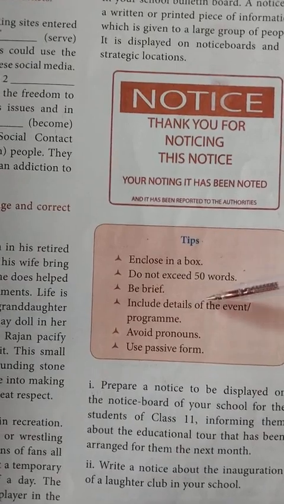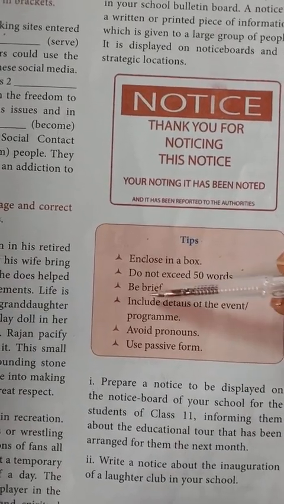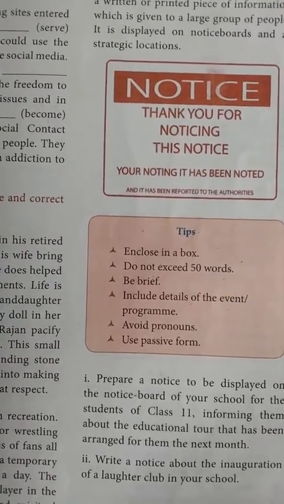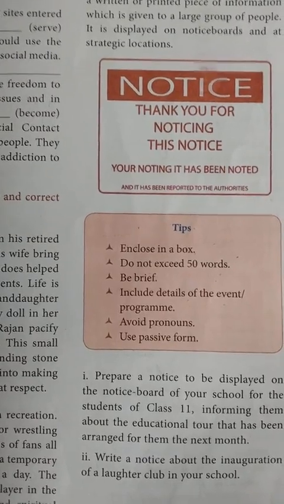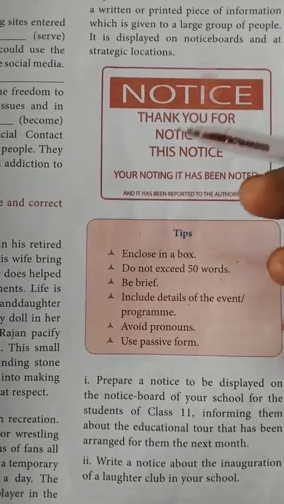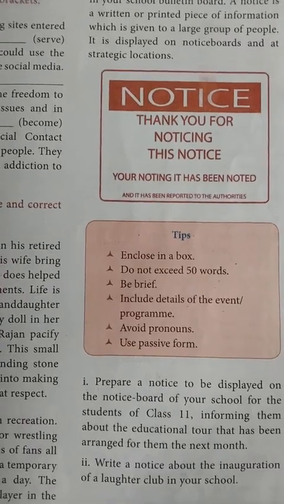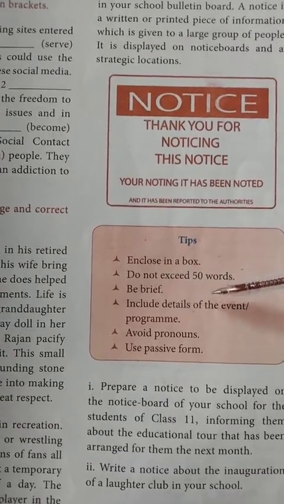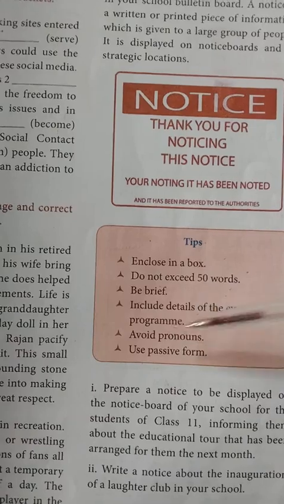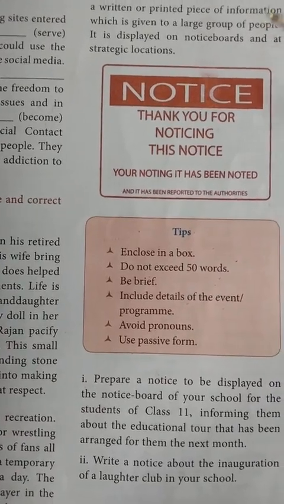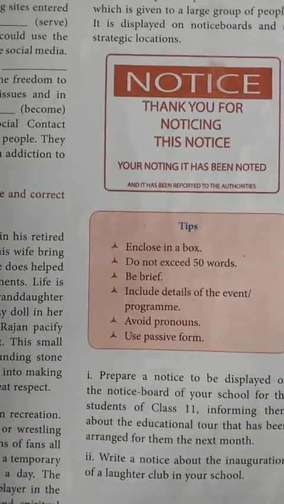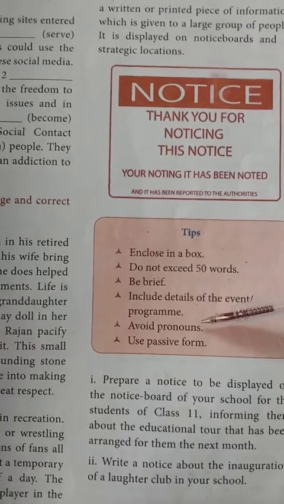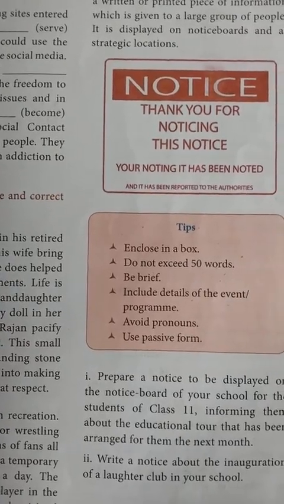Include details of the event or the program. So when the program has to start, where is the place, at what time, who is the chief guest. These things have to be included in the notice. Avoid pronouns, first person. Then use passive form. It is mandatory when you are writing a notice that it should be in the passive form, not in the active voice.